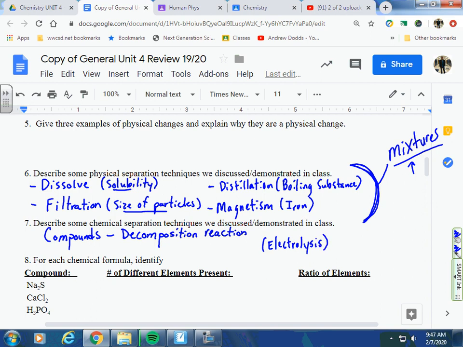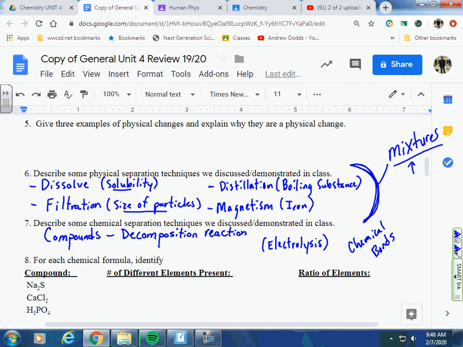If you've got compounds, you can't just boil them or filter them or do anything like that. You're trying to break them down into their individual pieces. Why that's so tough is because we have those chemical bonds holding the elements together, so we have to figure out some way to break the chemical bonds apart.